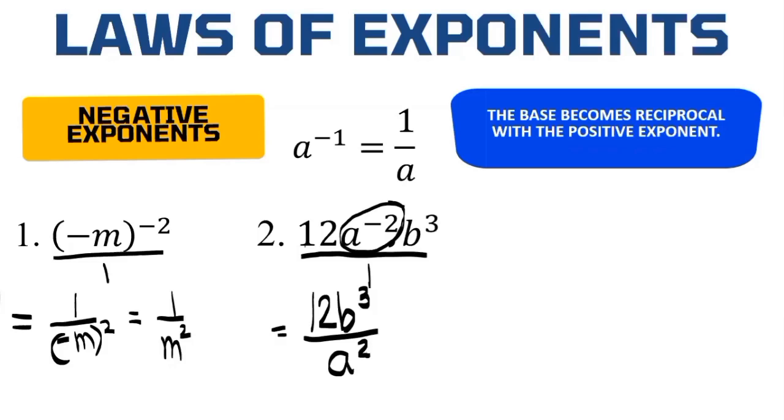Okay? And lastly, we have here c raised to negative 3 over d raised to negative 2. So therefore, both the numerator and denominator consist of a negative exponent. Get their reciprocals and you have d squared all over c cubed.